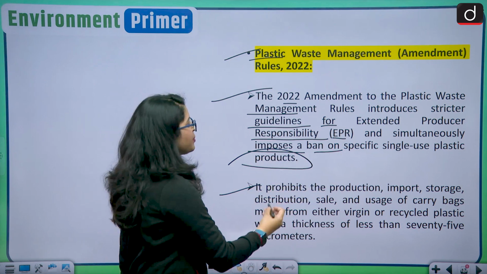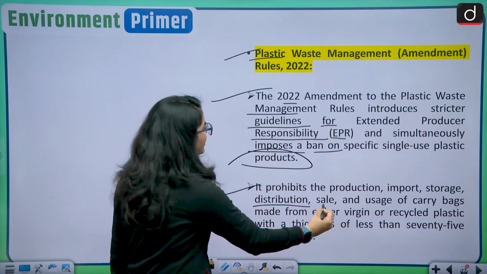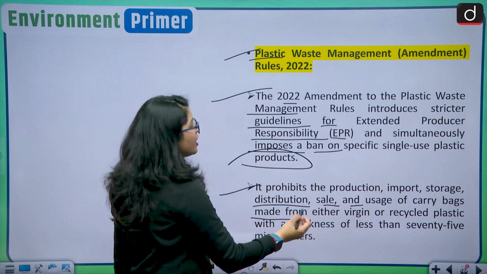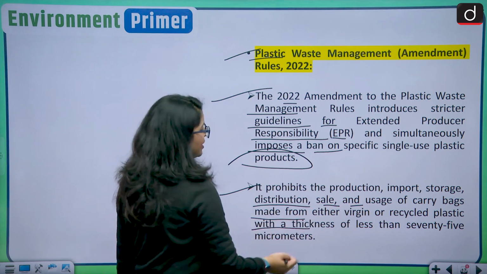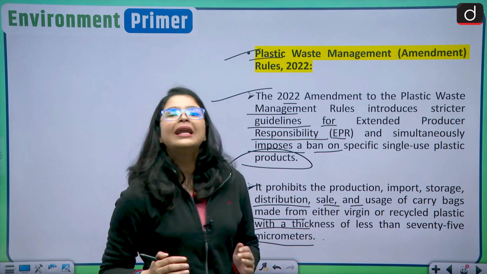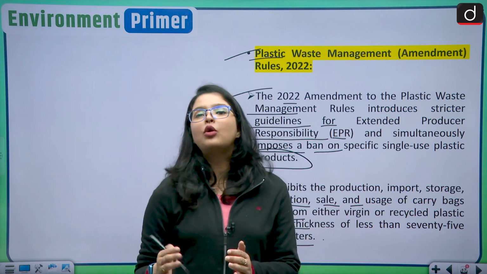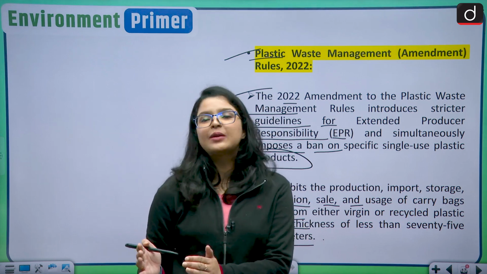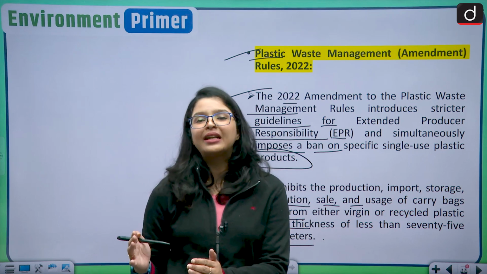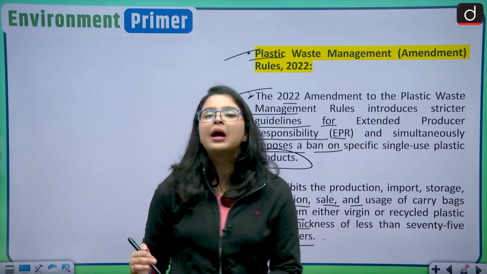It prohibits the production, import, storage, distribution, sale and use of carry bags made from either virgin or recycled plastic with a thickness of less than 75 micrometers. That means India is serious about its single-use plastic ban, and that is why these rules have made even stricter guidelines for using single-use plastic.